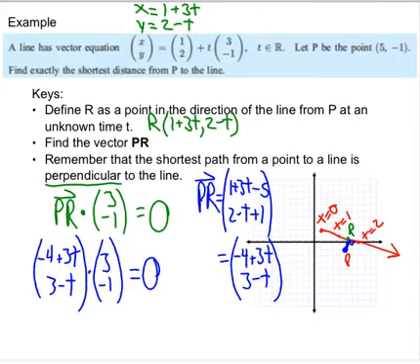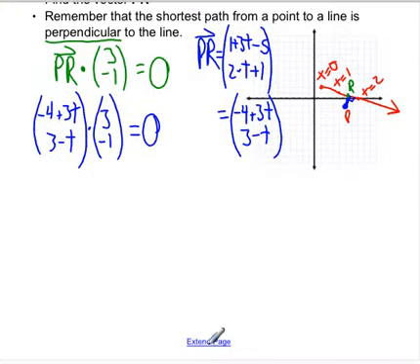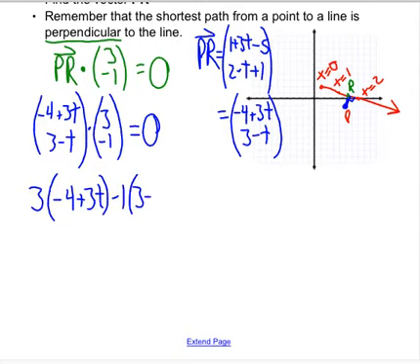Make sure you do your dot product carefully. Okay? It's 3 times negative 4 plus 3t, minus 1 times 3 minus t, equals 0. And now you're back to pre-algebra equations.